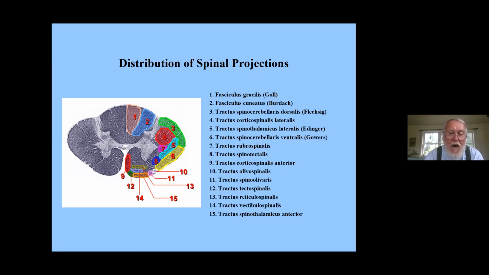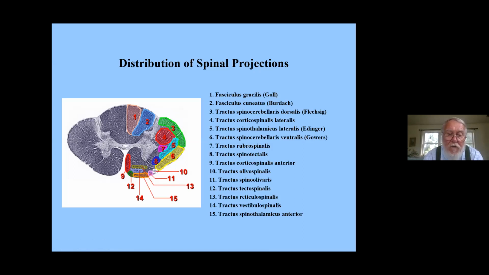Where did these fibers originate? These fibers originated in lamina 3 and 4, where they got A delta input coming in, and the axons of lamina 3 and 4 also decussate across the anterior white commissure to form the anterior spinothalamic tract.